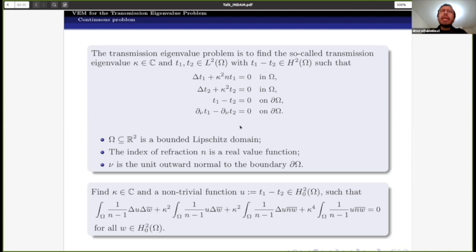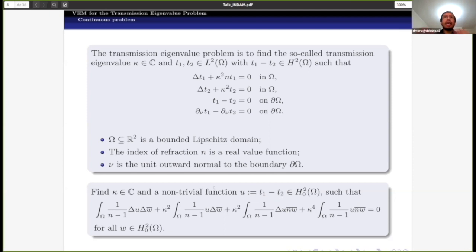So this problem can be written in different ways, considering the system, writing a variational formulation for T1, T2, etc. But there is a formulation of the problem where a new unknown is introduced, which is defined by the difference of T1 and T2, and as a consequence of the boundary condition, we observe that u belongs to H02.